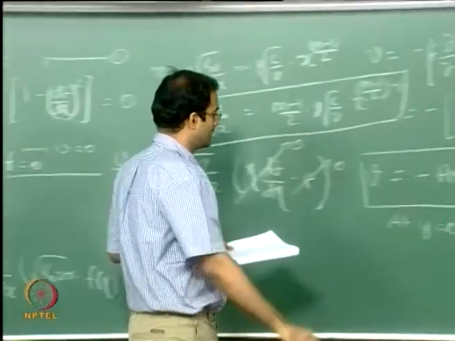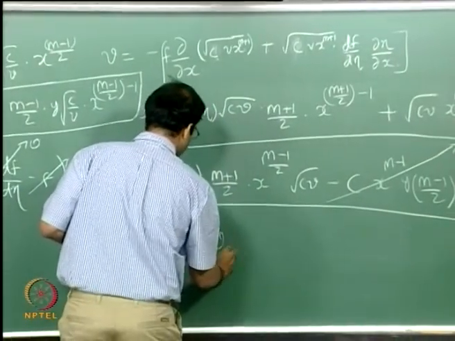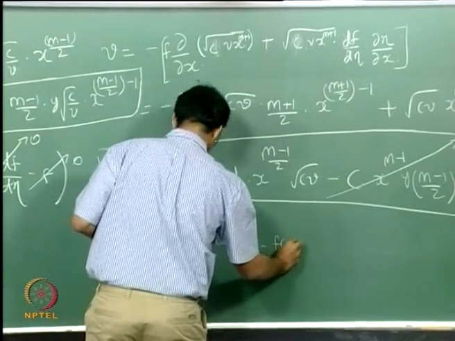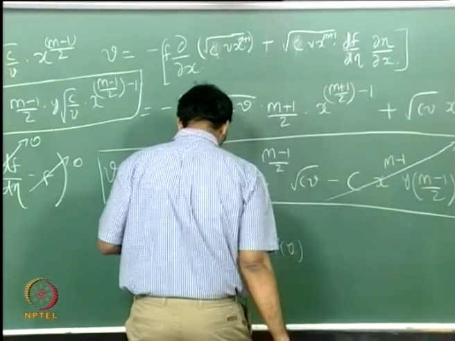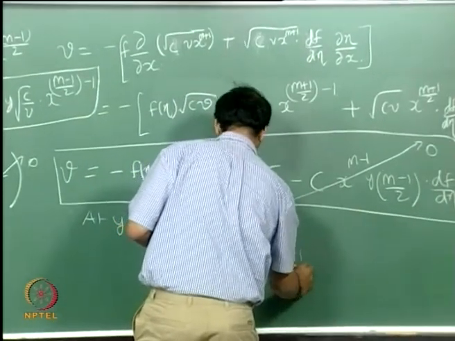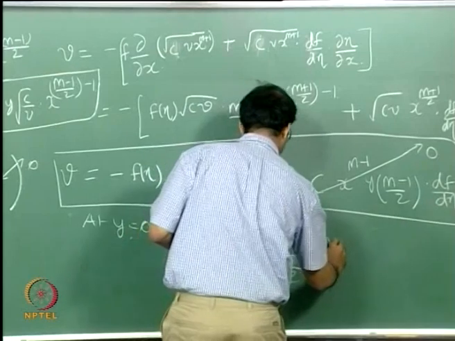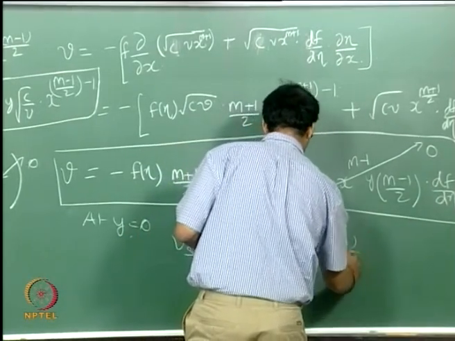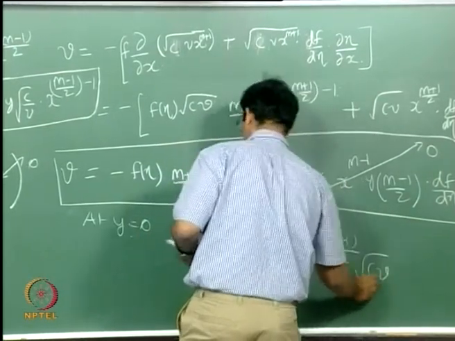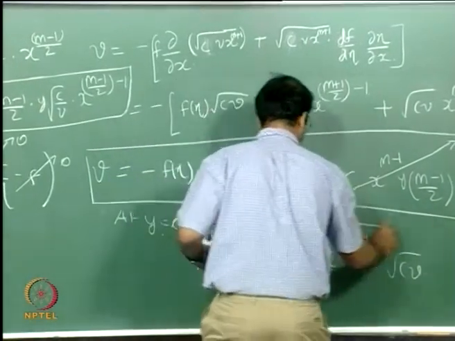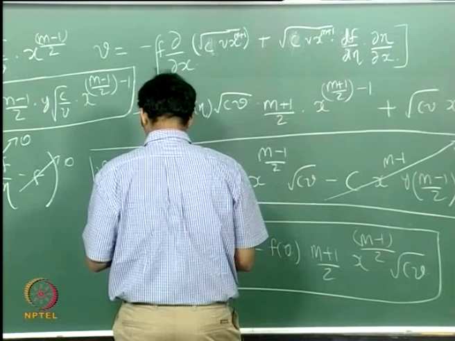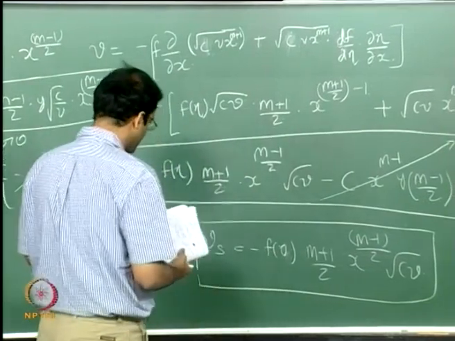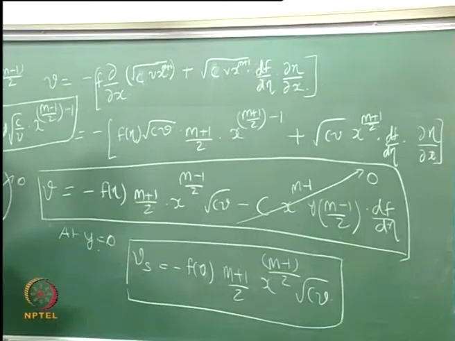So this will be equal to v small s, which will be minus f of 0, eta equal to 0, m plus 1 by 2, x power m minus 1 by 2, square root of c nu. Okay, so this is the expression for the transpiration velocity at the wall.